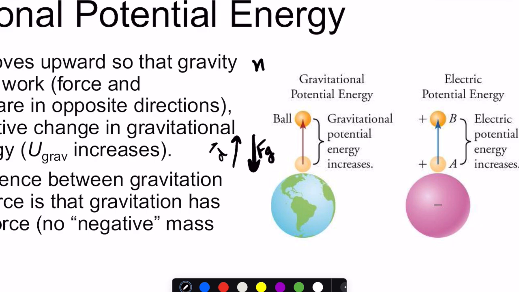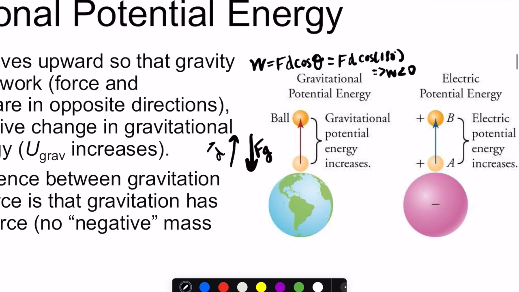And if we use our definition of work, which is force times displacement times cosine of the angle between the force vector and the displacement vector, then we're going to get FD cosine of 180, which is giving you a work that's less than 0, because cosine of 180 is -1.